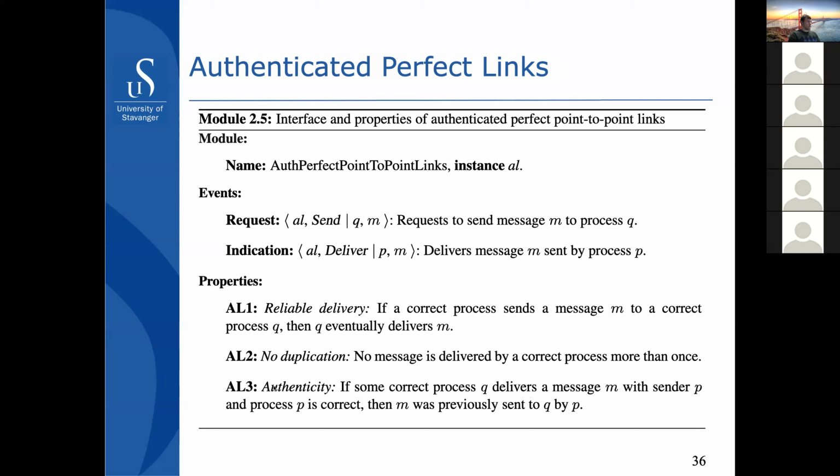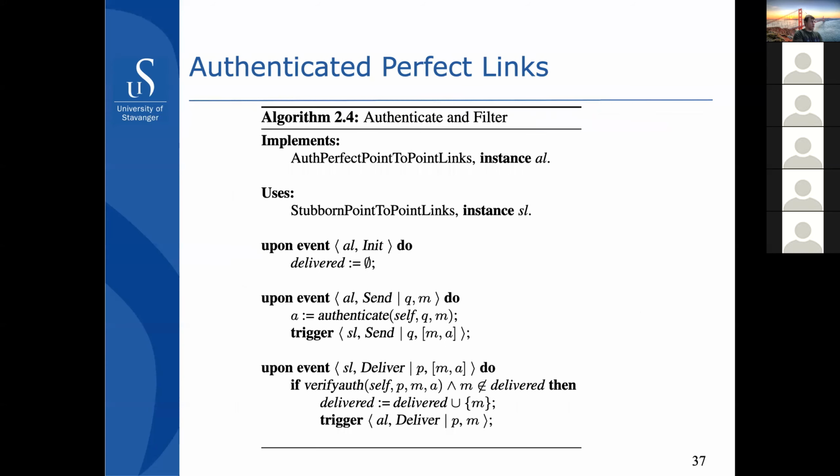So we add property number 3: if some correct process Q delivers a message M with sender P, and process P is correct, then M was previously sent to Q by P. So here it's providing some guarantee that this message was actually sent. And the way that it does this is using authentication, as I mentioned.